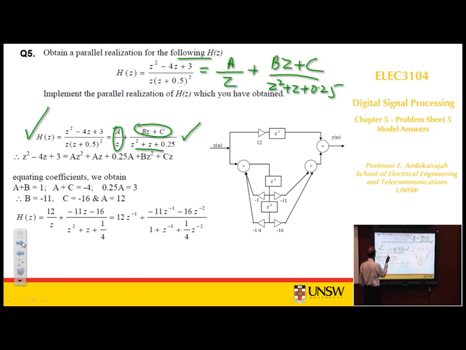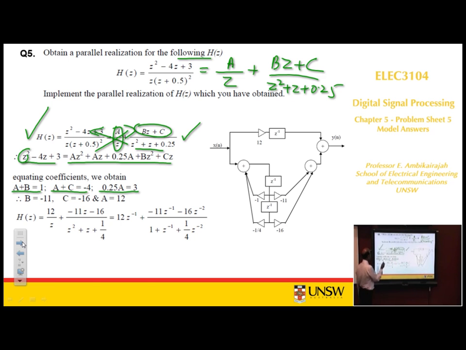So now you cross multiply, and that fellow here, that fellow there, and you get an equation that's equal to that. Now you equate the coefficients. You have second order equal to second order, first order equal to first order, constant equal to constant. So equating the coefficients on both sides, A plus B equal to 1, A plus C equal to that, 0.25 A is equal to 3.